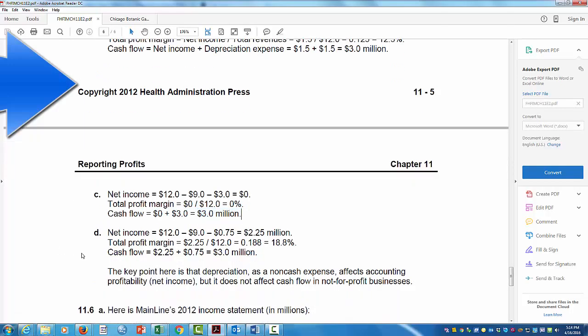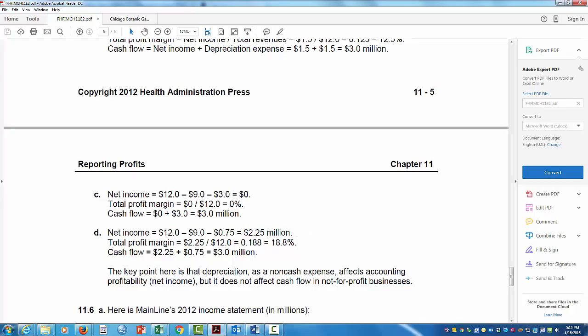And then finally in E, what if we change it, rather than double the firm's depreciation expense, we have it cut in half? What is the impact on net income, total profit margin, and cash flows? Instead of 1.5 million, depreciation is now 0.75 million. As you can see, that's going to increase net income from 1.5 million to 2.25 million.